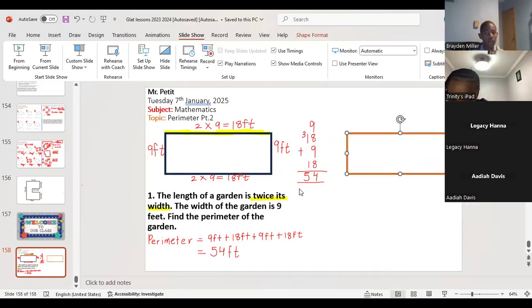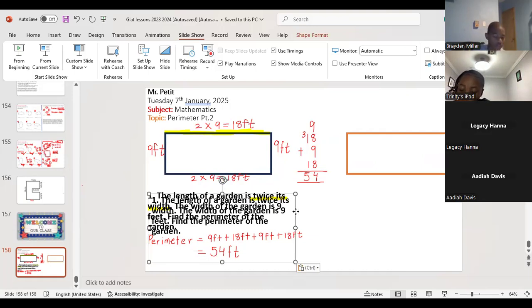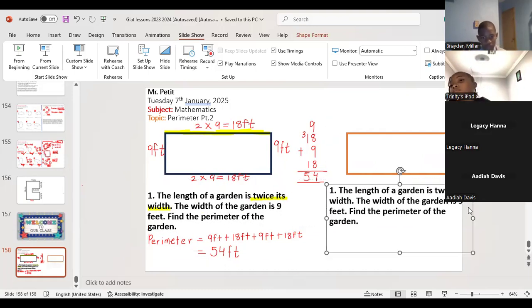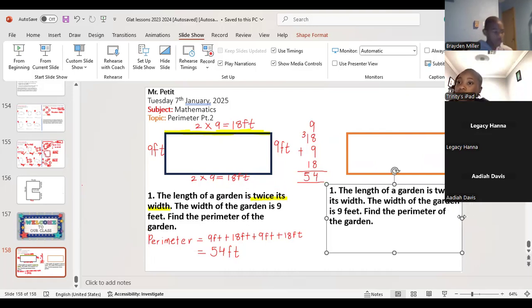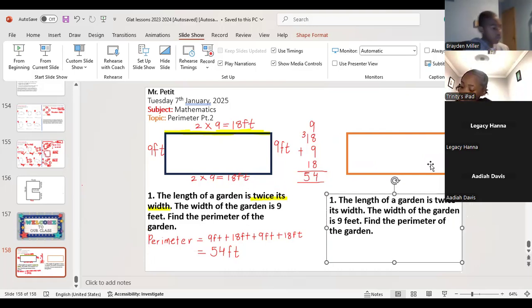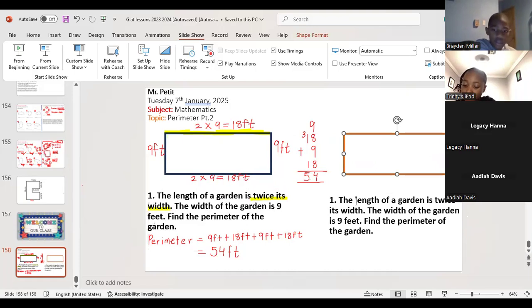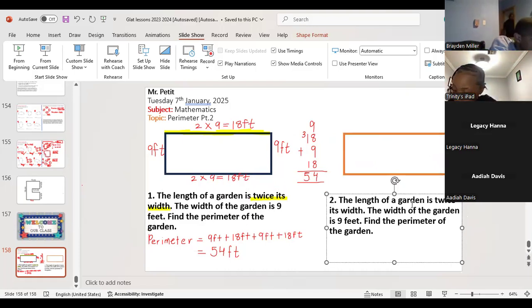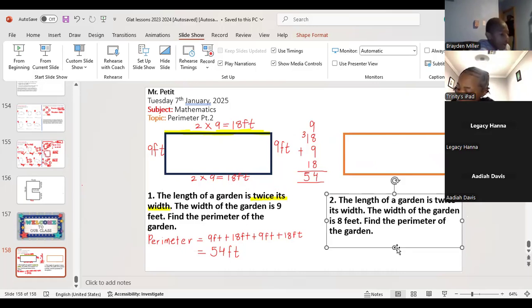All right, so number 2. The length of a garden is twice its width. The length of a garden is 8 feet. Find the perimeter.